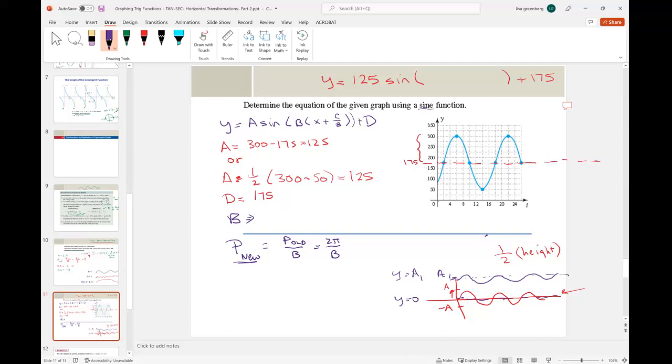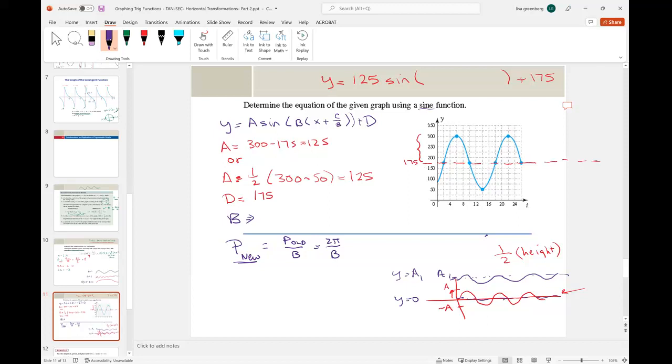Well, is the period affecting the vertical or the horizontal? Horizontal. So what's my biggest horizontal value minus my smallest horizontal value? That doesn't make much sense. Okay, good. So how do I find the period? What's another word for the period? Like a cycle.